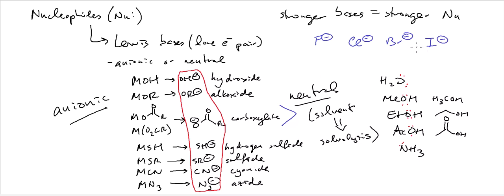These halides are all potential nucleophiles. We would see that F minus is going to be the weakest nucleophile, followed by Cl minus, followed by Br minus, followed greatly by I minus. And that's because I minus is the strongest base here. It's the most polarizable. It has the highest pKa, and it would be the strongest nucleophile in this halide series.